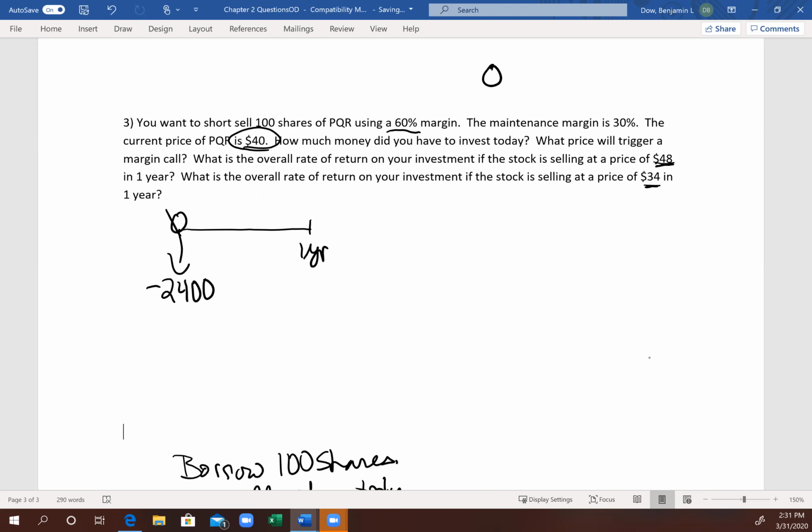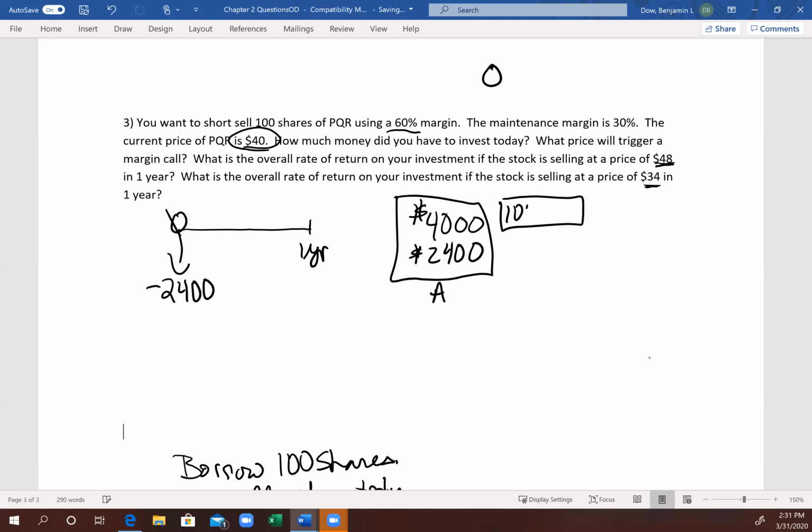So remember, we had 4,000 by borrowing the shares and selling them. We put up 2,400 of our own money. We had borrowed 100 shares of stock, which originally was at $40, and that left us with an equity position of 2,400.